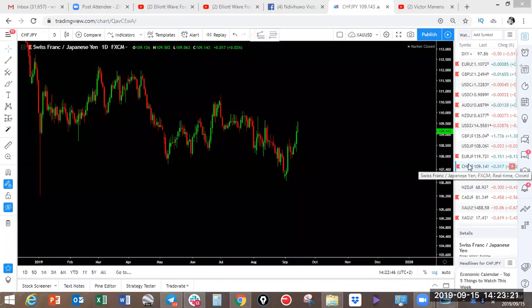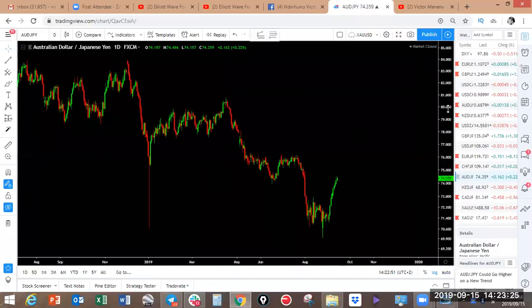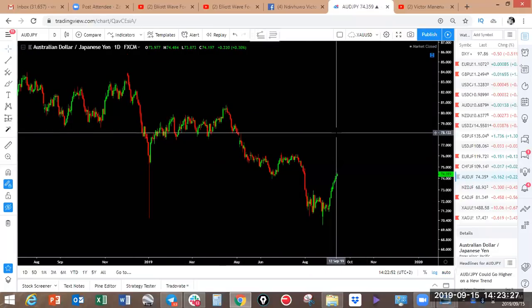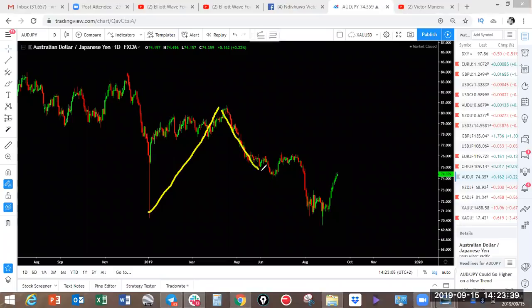Now all the Aussie pairs and the New Zealand pairs, most of them. That is Aussie US dollar, New Zealand US dollar, Aussie yen, New Zealand yen. They are all making this structure. We want them to push higher. We've got a pulsing move.